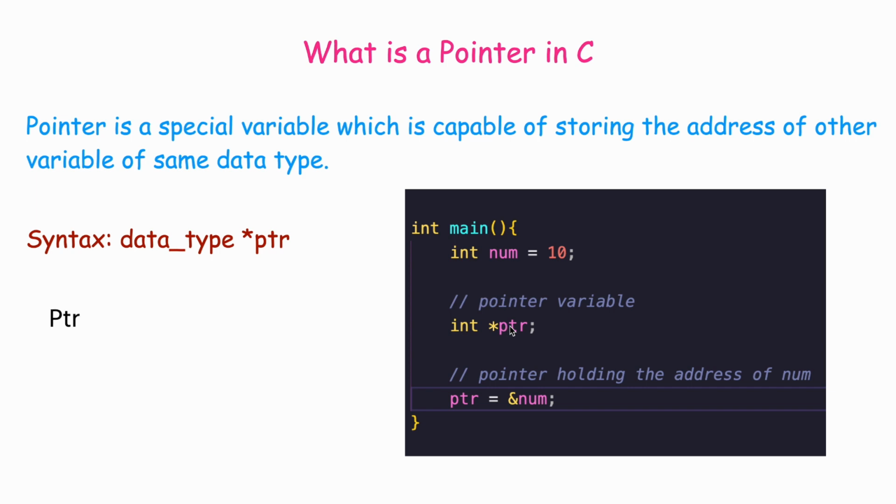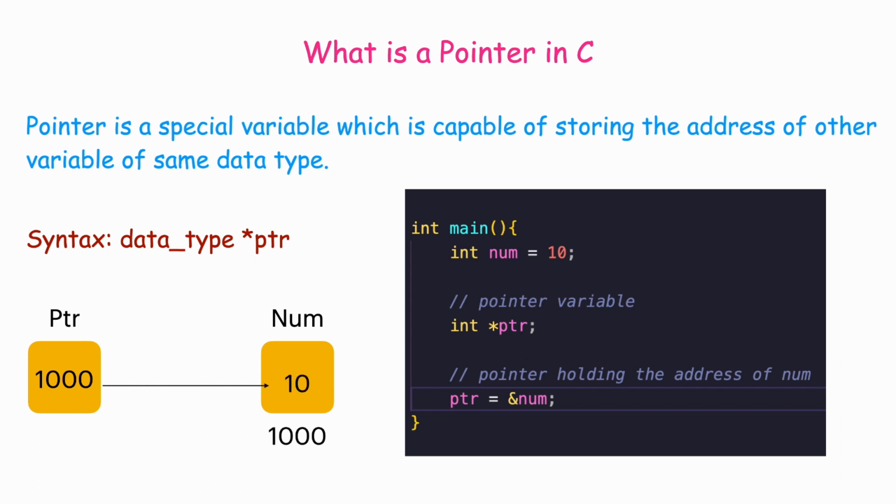So how does it look? ptr is my pointer, num is my variable. Inside the pointer I have 1000. So what is it? It is the address of my num. I have designed this in a more pictorial way so that you can get in-depth clarity.